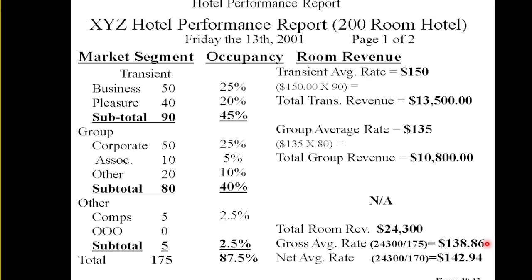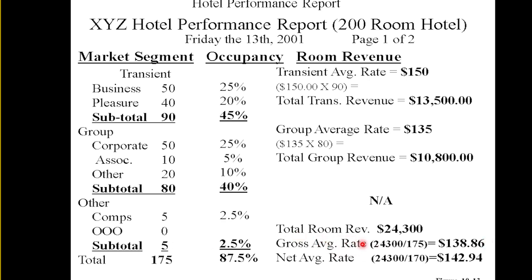Because complimentary rooms have no generated revenue. It's free of charge, right? Yes, that's correct. So removing them gives us a more accurate picture of the revenue performance of the entire shift. So that is why it is higher than the gross. Okay?